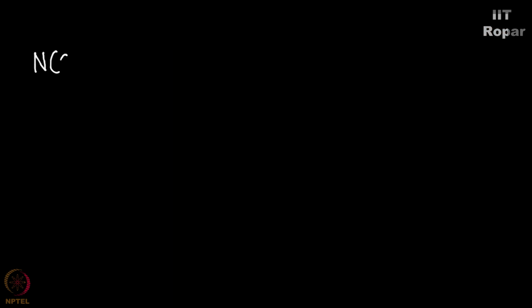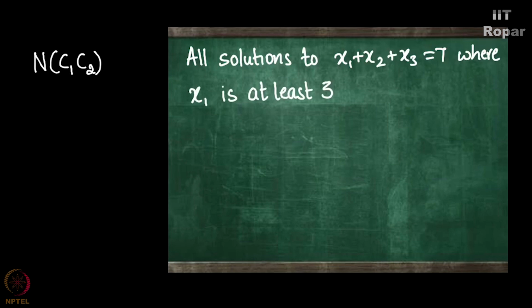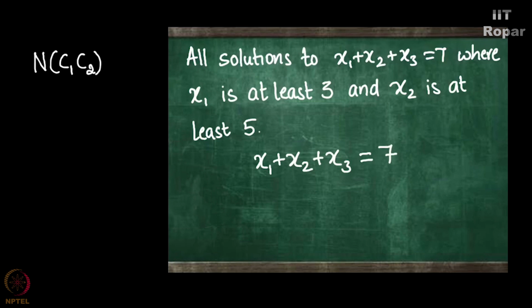We see what is n of C1, C2. What does C1, C2 mean? x1 should be at least 3, x2 should be at least 5. Now, the moment I insert x1 to be at least 3 and x2 to be at least 5, the sum becomes 8. Boom, we cannot go ahead because we must get x1 + x2 + x3 to be 7.